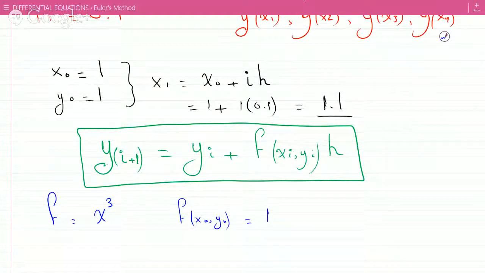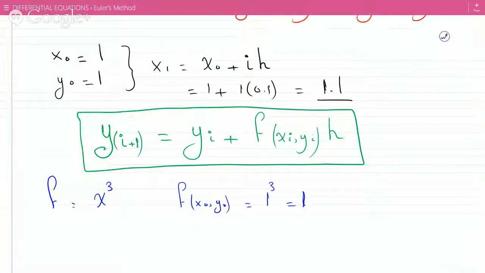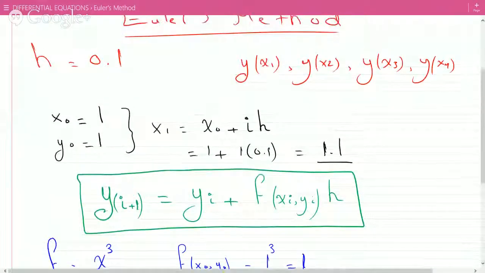So this will be 1 cubed. So this will be 1. Okay, because there's no y to plug in. Now I have this, and I have the h, and I have yi. So that means I could go and find y of x1, which is the first one.